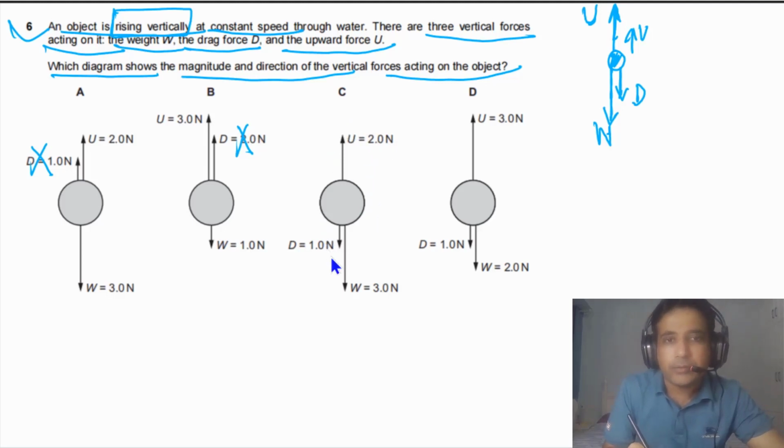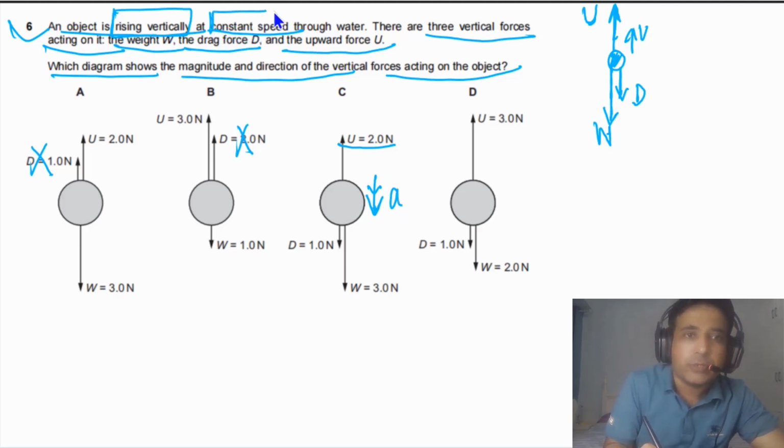But for this one, it is given that upward force is 2 newtons and downward force is 4 newtons. So this is not possible. It means this object is accelerating downwards, but in the question it is given that the object is moving at a constant speed. So this is also incorrect.